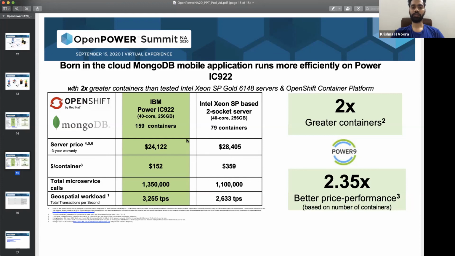The equivalent terminology for that is Hyper-Threading, and yes, it was enabled on the Intel systems. That's how we could drive 40 virtual threads. And for IC922, yes, it was enabled with only SMT4. That's correct.